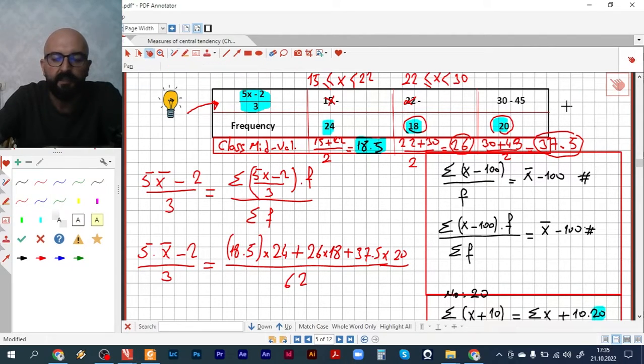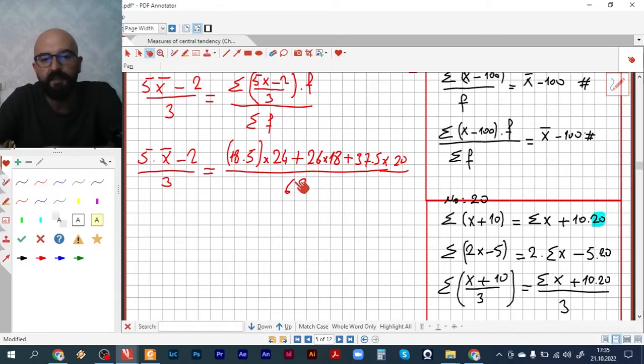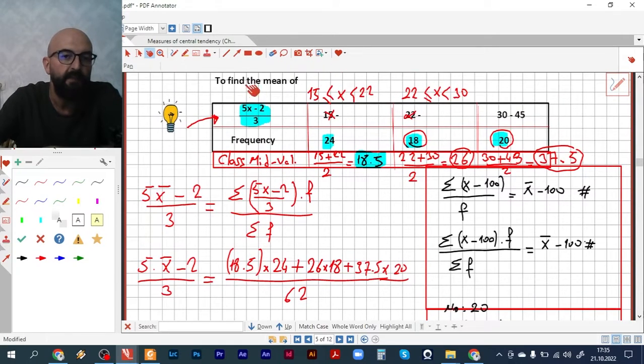And when we find this value, we will find 5 times the mean minus 2 over 3. Please notice that, because they give us 5 times x minus 2 over 3 data.